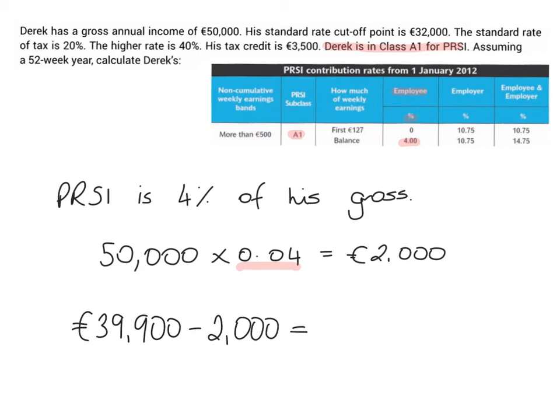This equals 37,900. And we have now calculated Derek's PRSI, and this amount here is his new net income.